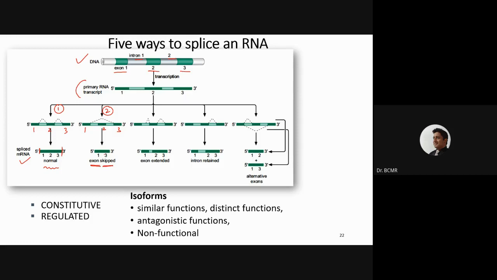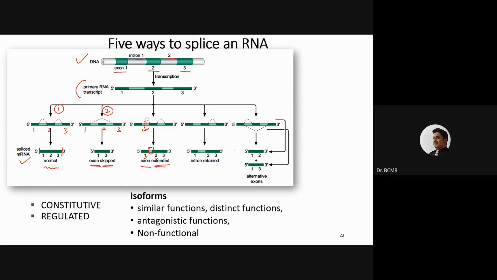In the third one, there could be a pseudo splice site within the intron, so the small part of the intron is also left. That is referred to as exon extended.